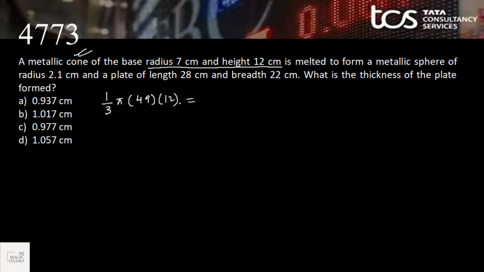This should be equal to that of a metallic sphere of radius 2.1, whose volume is 4 by 3 pi r cube, here r is 2.1 whole cube, and a plate of length 28 centimeter and breadth 22 centimeter. What is the thickness of the plate? So volume of the plate would be 28 into 22 into thickness, let it be t.